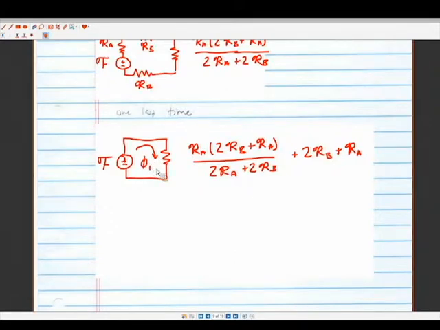Okay, so then this is just going to be Ohm's law, right? So in the electrical circuit, it's V equals IR.